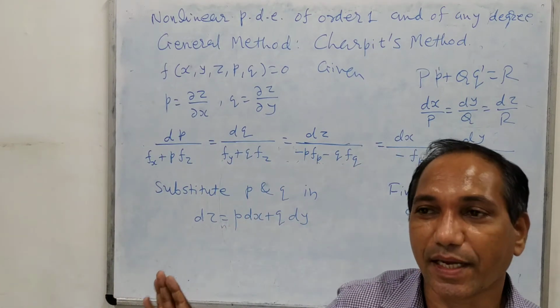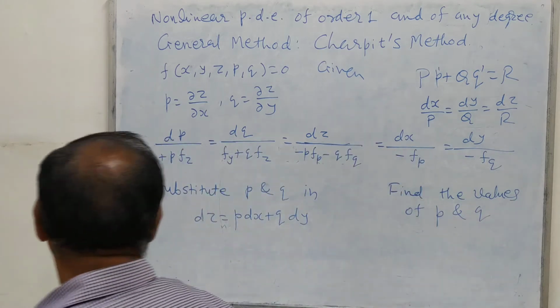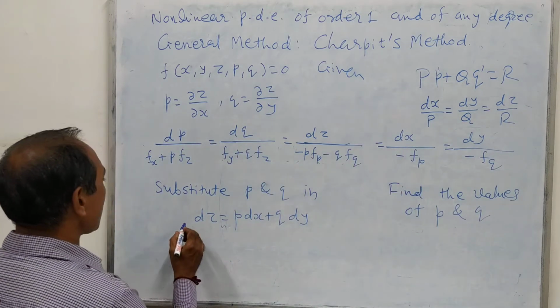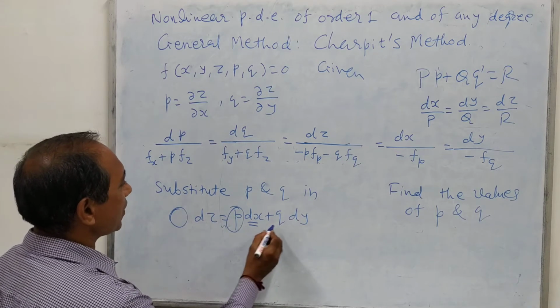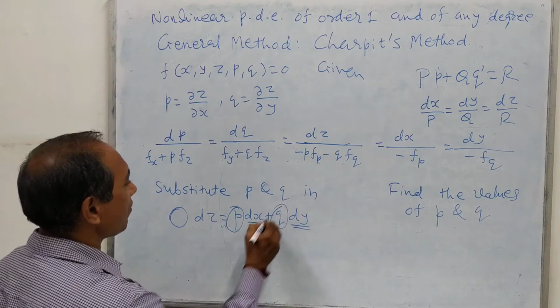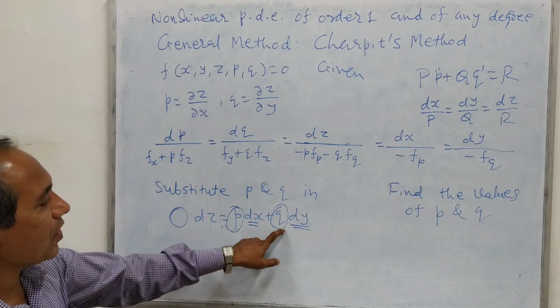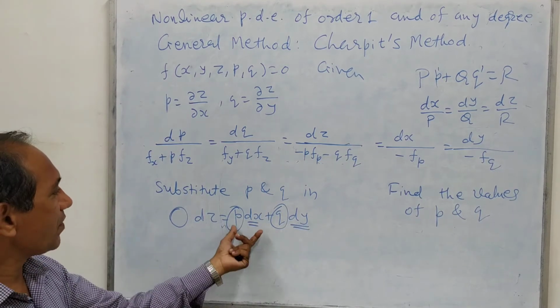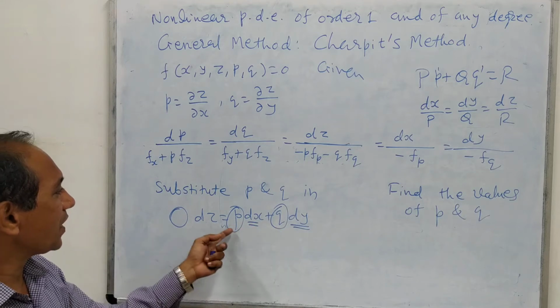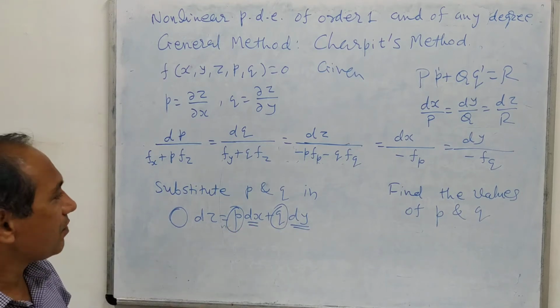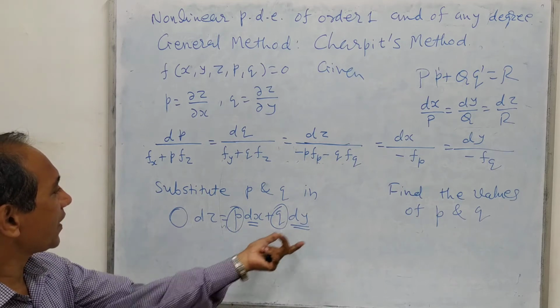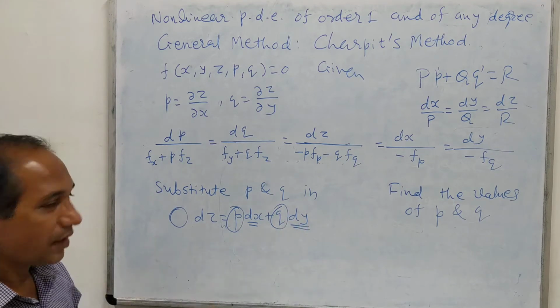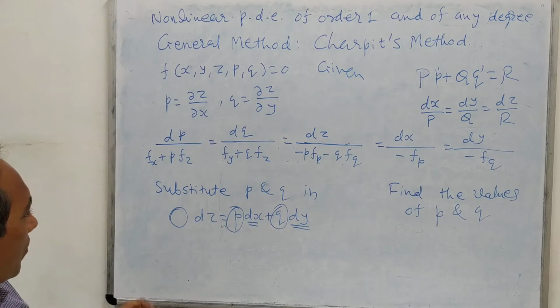But here you note that during the integration, with dz we must have the function of z only. With dx we have the function of x only, and with dy we have the function of y only. If x is involved here, then we can bring x over here by using division or multiplication. Similarly, if y is involved, we can bring that y over here by division or multiplication.